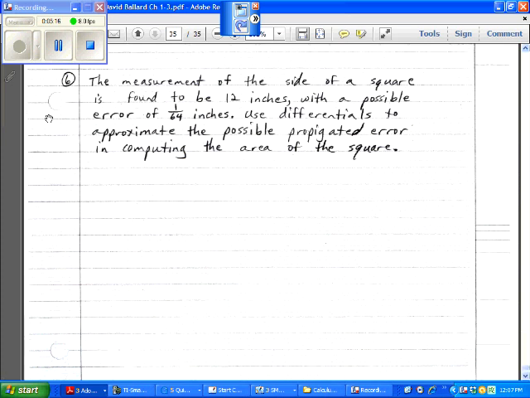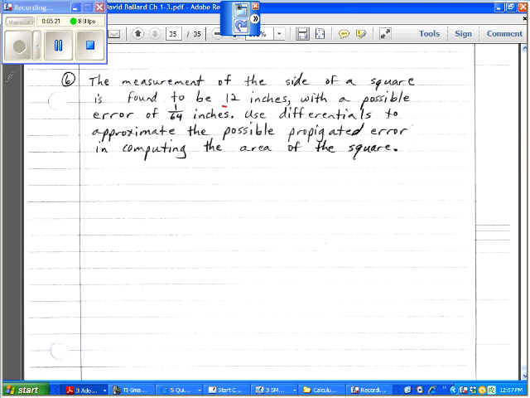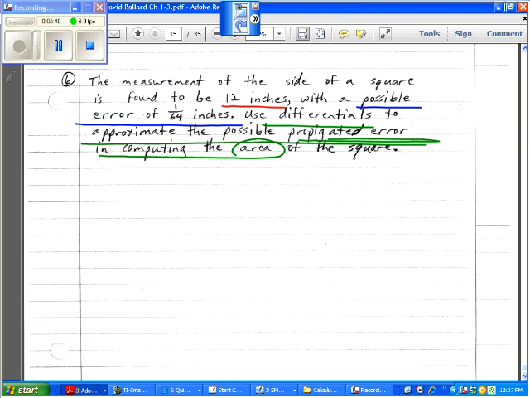It says the measure of a side of the square is found to be 12 inches, with a possible error of 1/64 inches. Use differentials to approximate the possible propagated error in computing the area of the square. Now, let's talk about that.